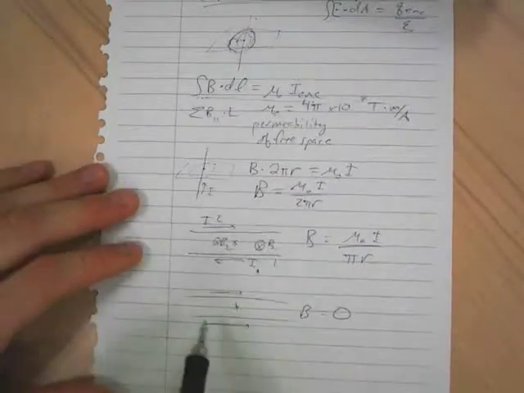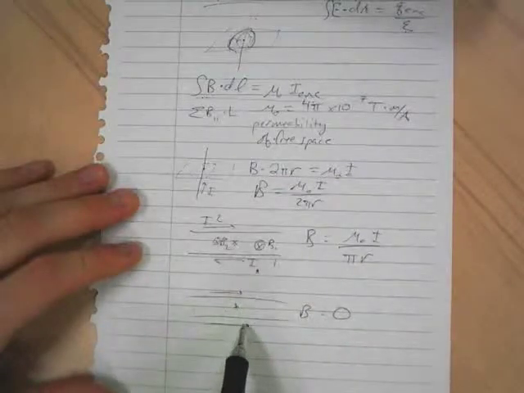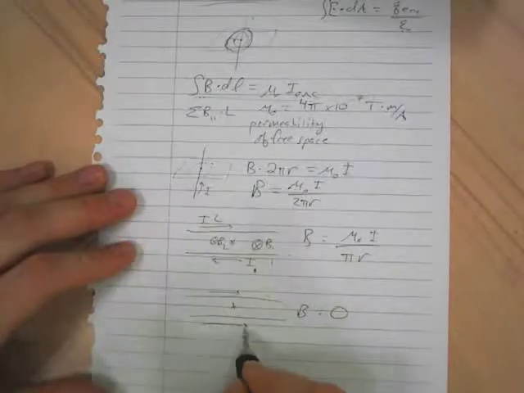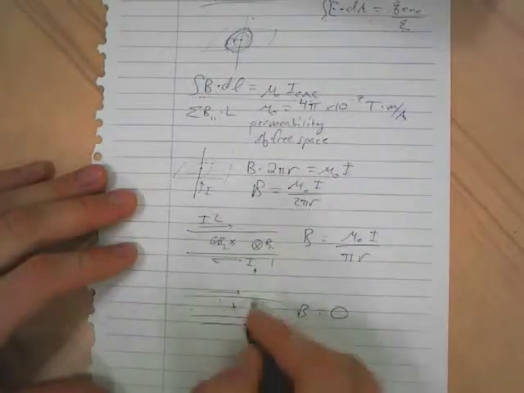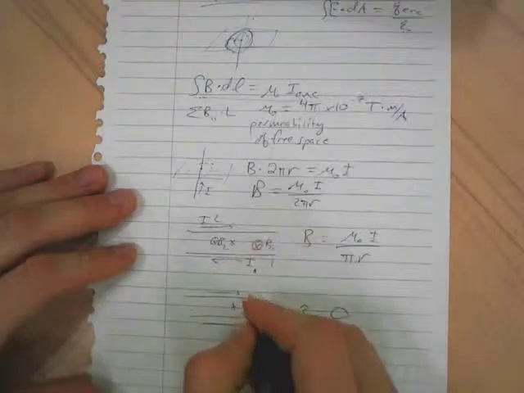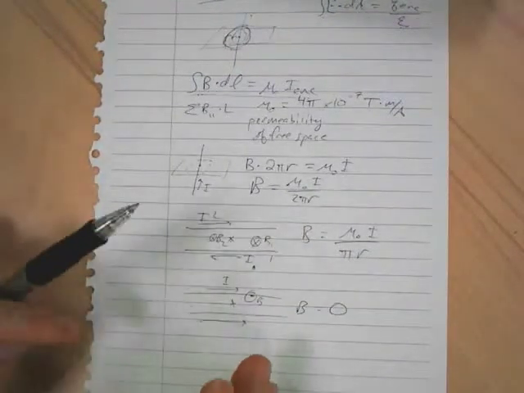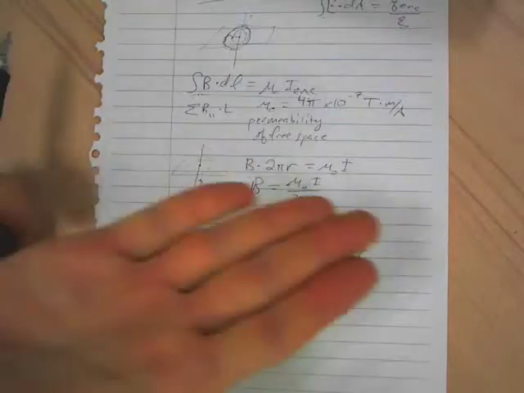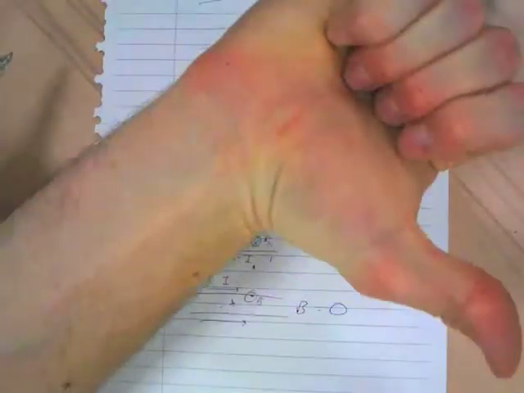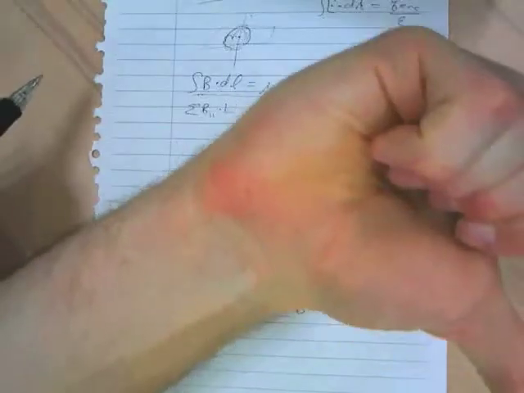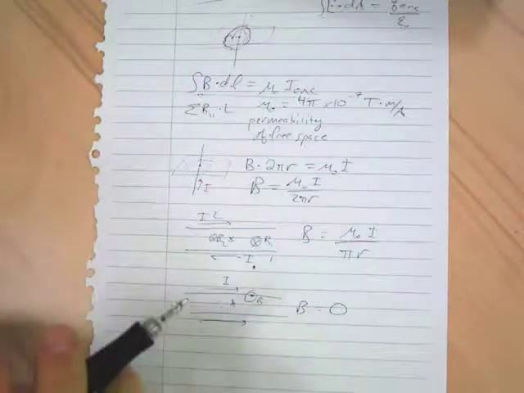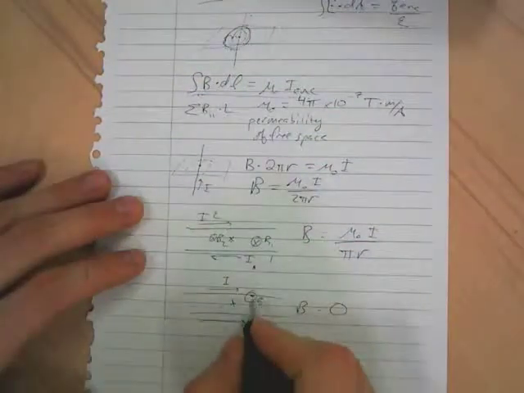We'll consider the ones that are pointing in the same direction because I have less stuff in my drawing here. Using the right-hand rule, the B field because of this guy up here would be pointing out of the page. That's the B field, this is the current. So, in order to determine the direction of the force, I put my hand in the direction of the current, curl my fingers in the direction of the B field, and I can't contort my hand far enough, but the force on this wire would be going downwards.